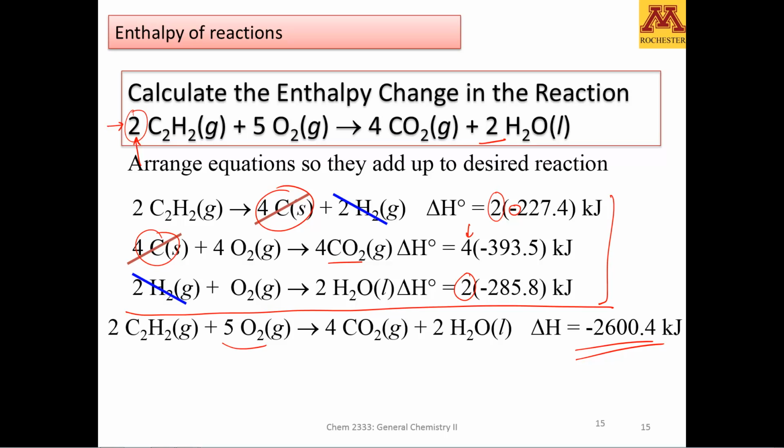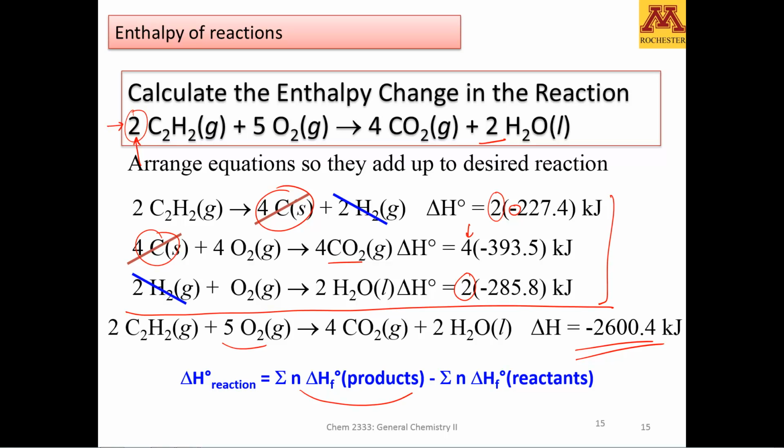There is a formula if you don't want to waste a lot of time cancelling out things. The formula is, you just take the enthalpy of formation of products minus the enthalpy of formation of reactants, multiplying by the coefficients.